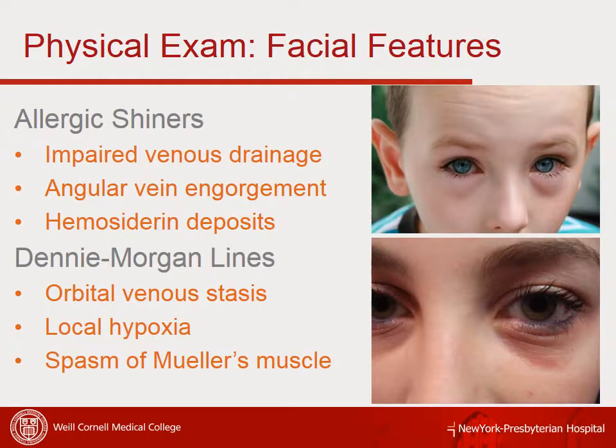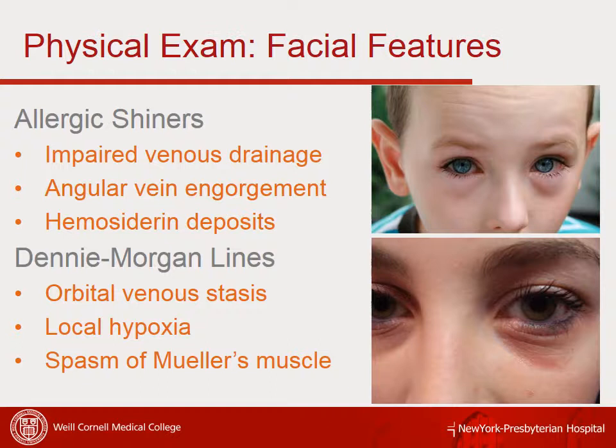So allergic shiners are really related to impaired venous drainage. Normally, the blood circulates through the sphenopalatine system posteriorly. However, if the nose is congested, that blood then has to drain anteriorly through the angular vein and the palpebral vein, and there becomes engorgement of those veins, and then hemosiderin deposits, which unfortunately can become permanent.